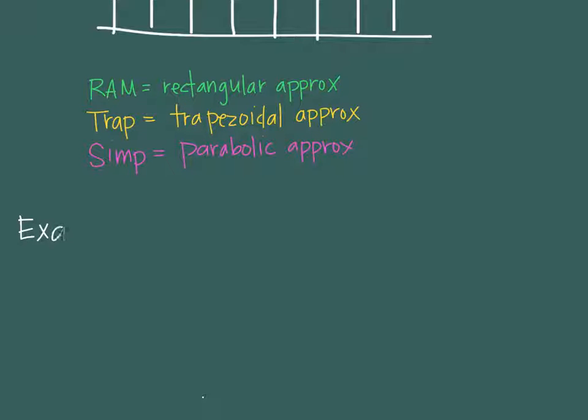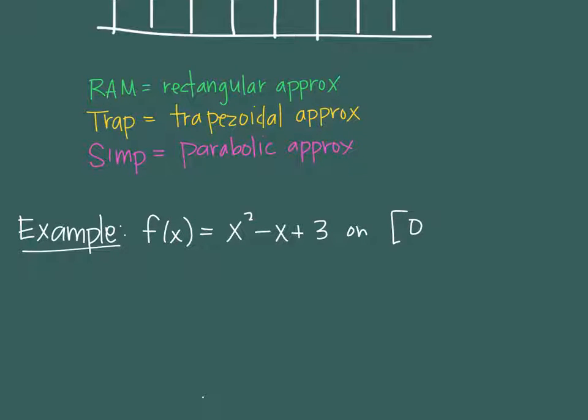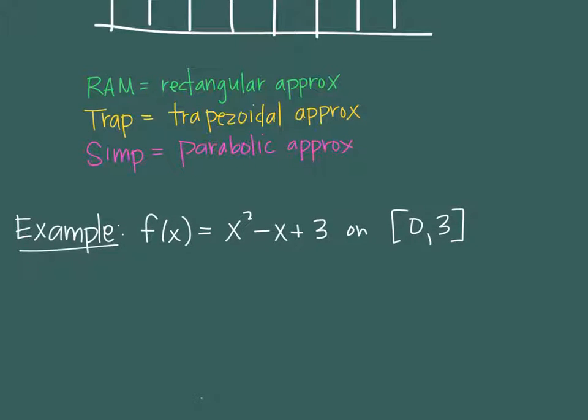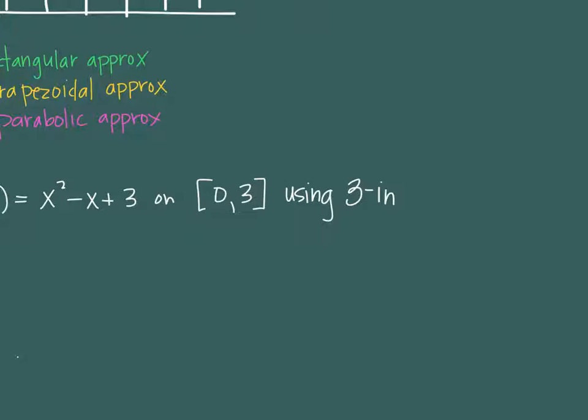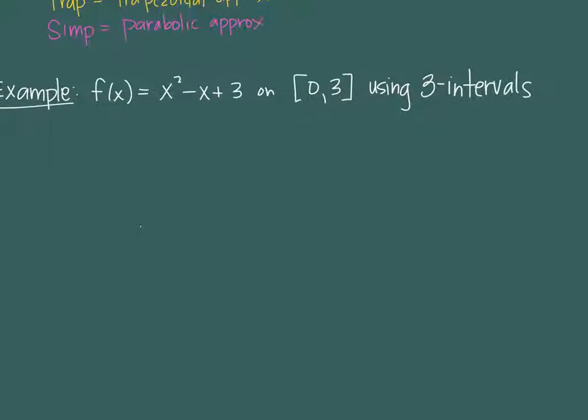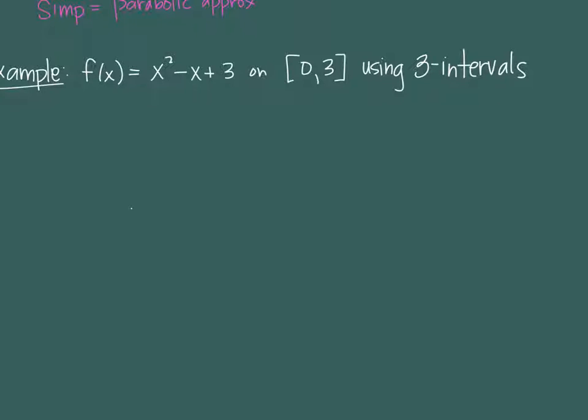What we are going to do by hand is the parabolic function f of x equals x squared minus x plus 3 on the interval from 0 to 3 using 3 intervals, so we'll keep the math pretty simple.